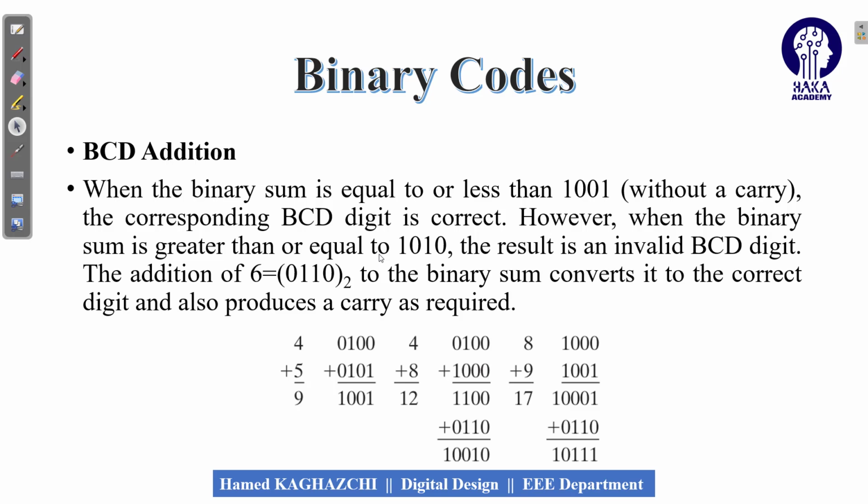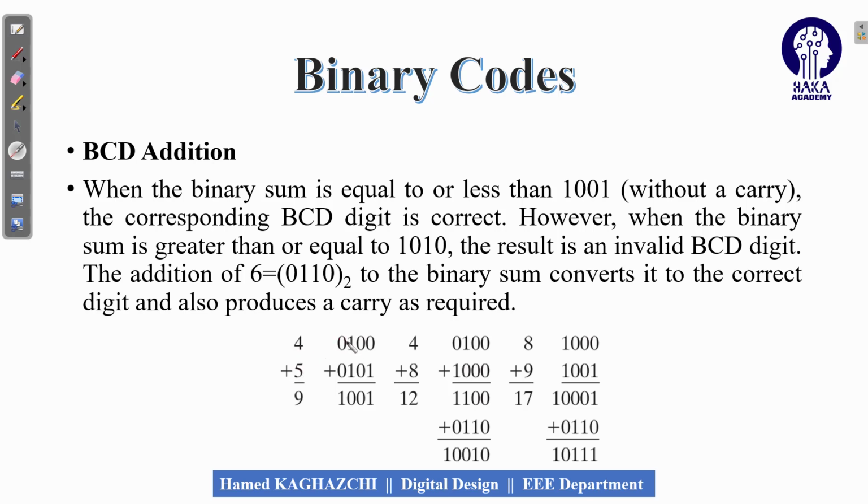Now, I want to talk about BCD addition, how we can add two numbers which are written in the BCD code. We say that if we add two numbers written in BCD code and the summation of these two numbers is less than 9, we directly write this code, something like that. Suppose that here we have 4 and want to add it with 5.